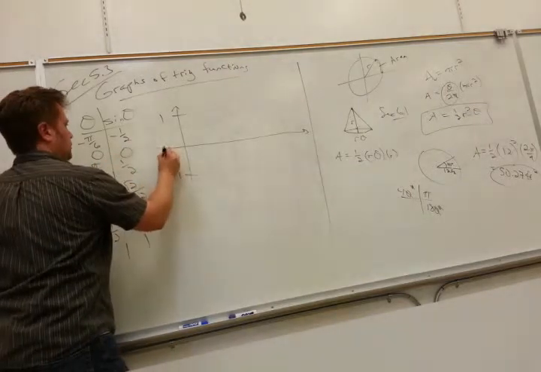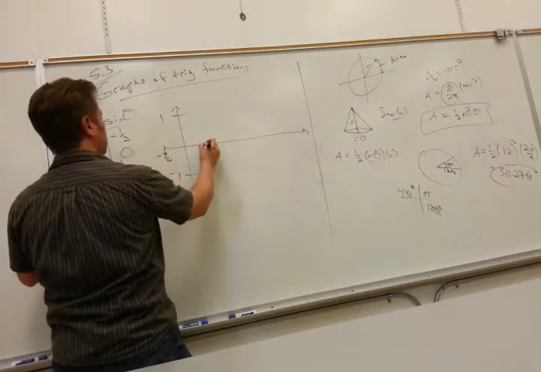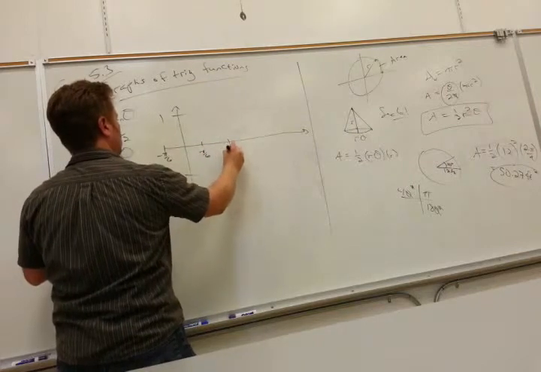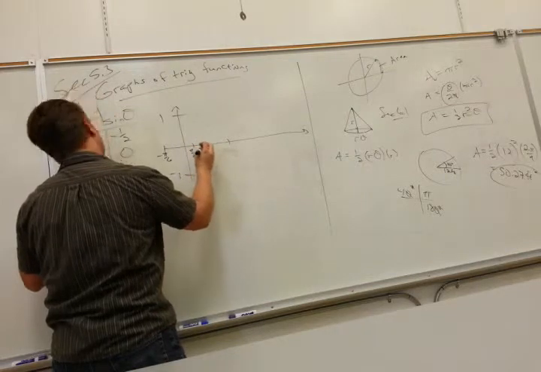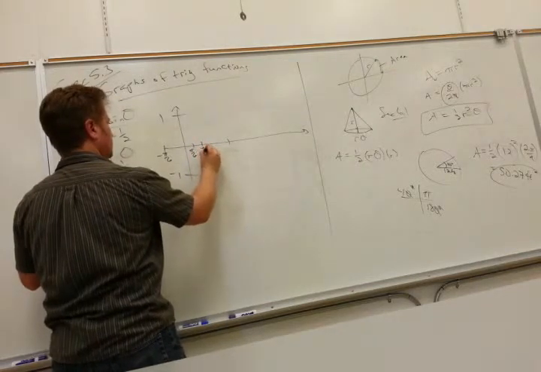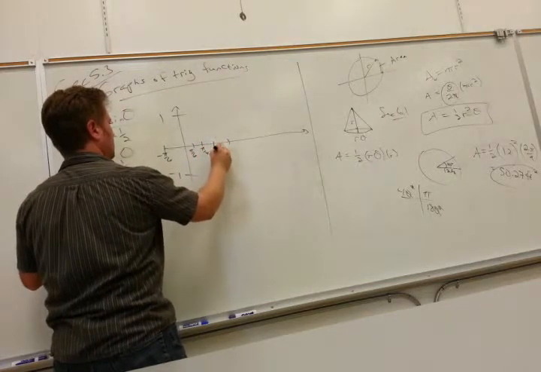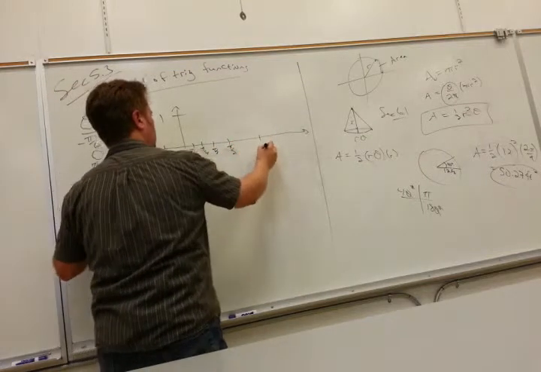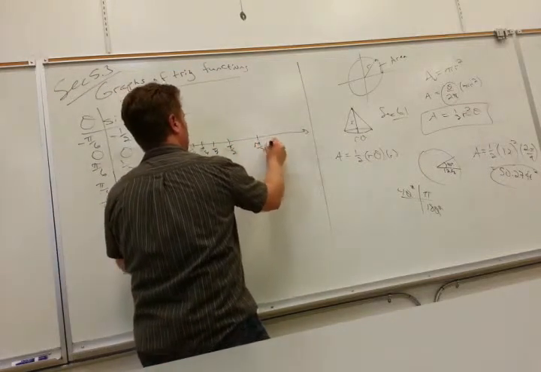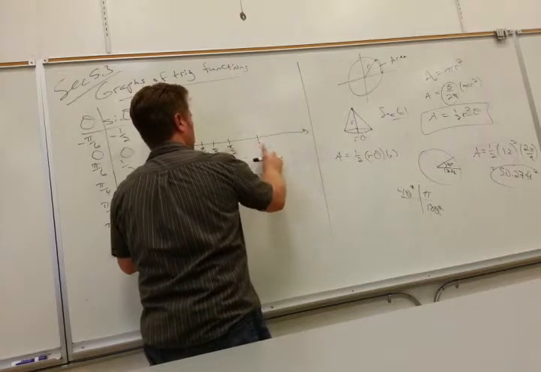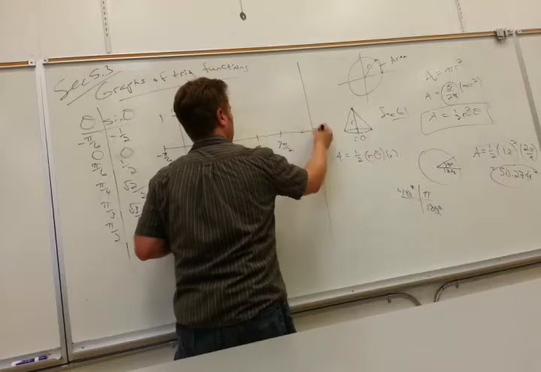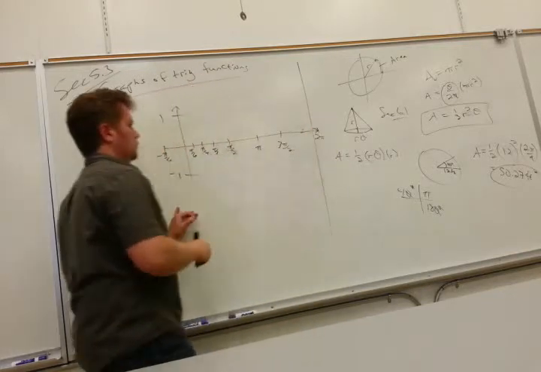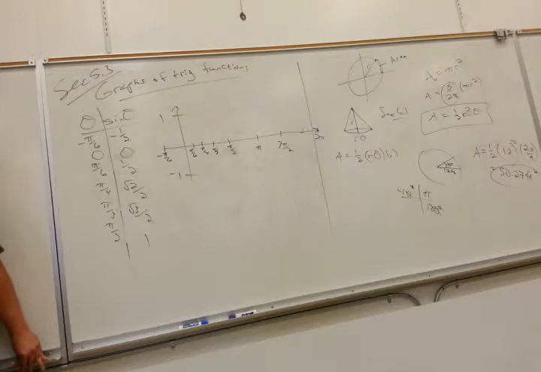So here's my negative pi over 6. I got pi over 6, pi over 4. Let's do this a little bit more careful. I'm going to do a little less precise out here. My scale sucks, but we'll get over that.